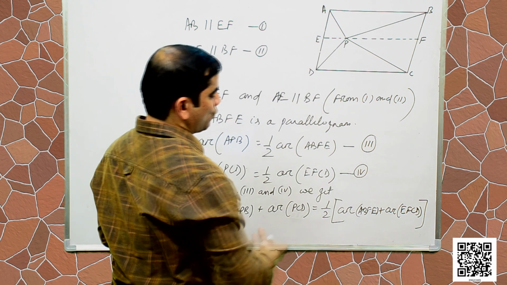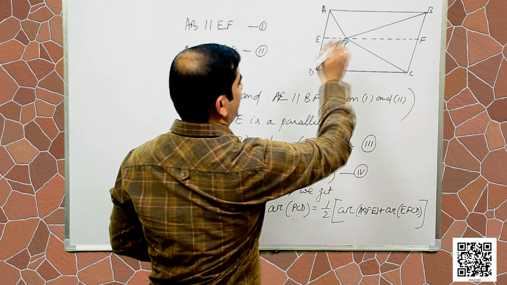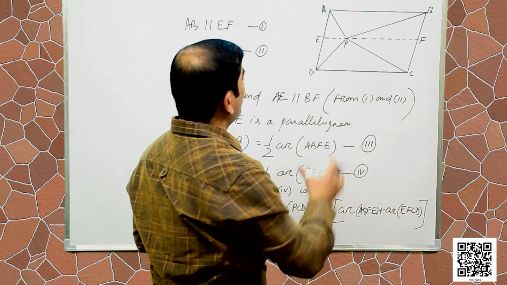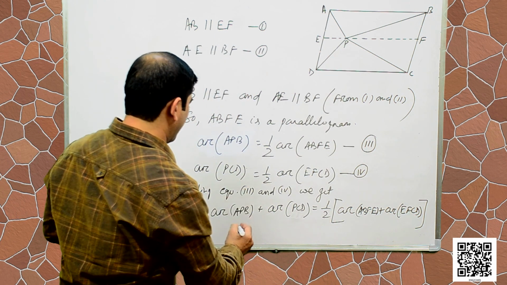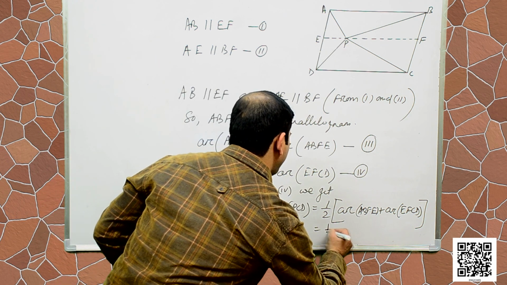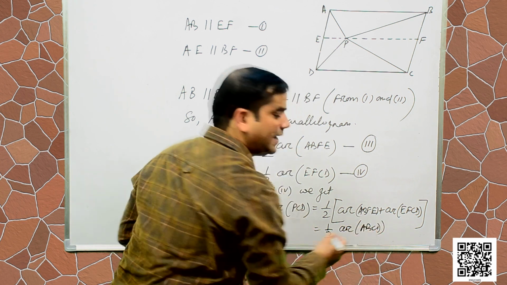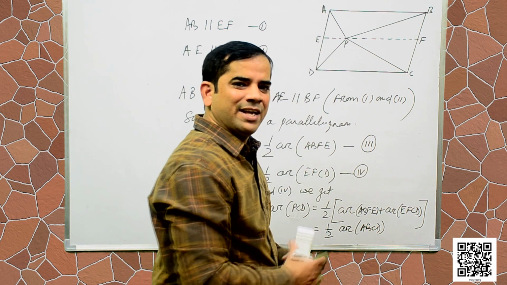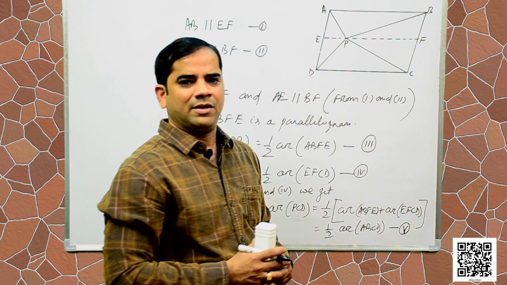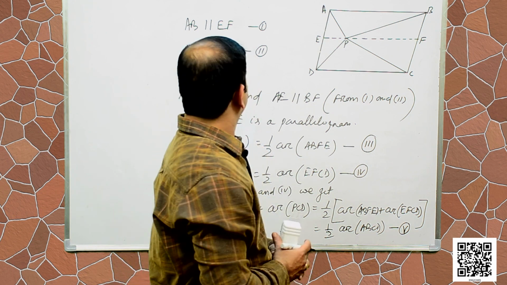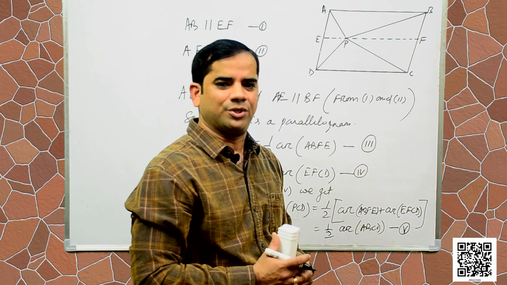So students, what is the sum of area ABFE and area EFCD? ABFE and EFCD sum up to parallelogram ABCD, and that is why this is equal to half of area ABCD. Let me mark it as equation 5. Clear? Now let us go to part 2 and discuss the solution.